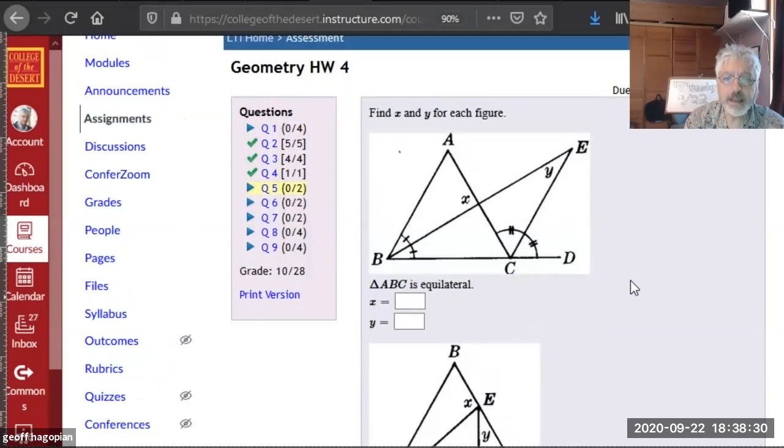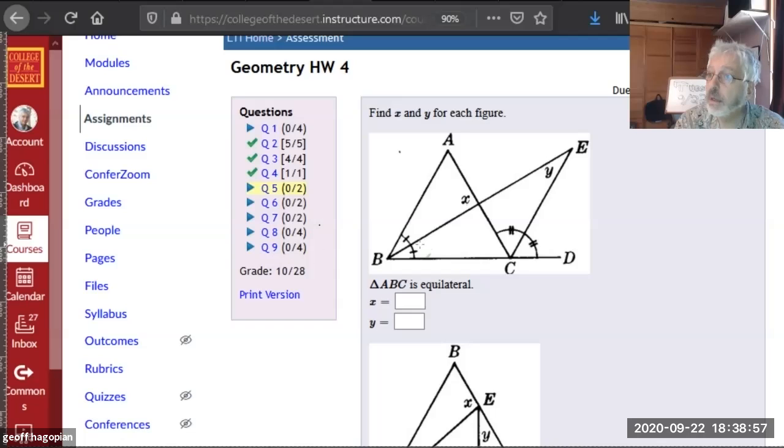Okay, so find X and Y for each figure. Do we have enough information to? Oh, we know that ABC is equilateral. Okay. So that means that these angles here are both 30 degrees.